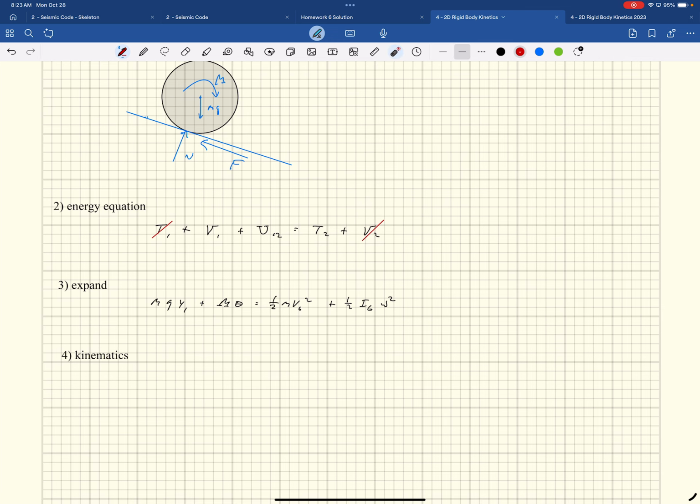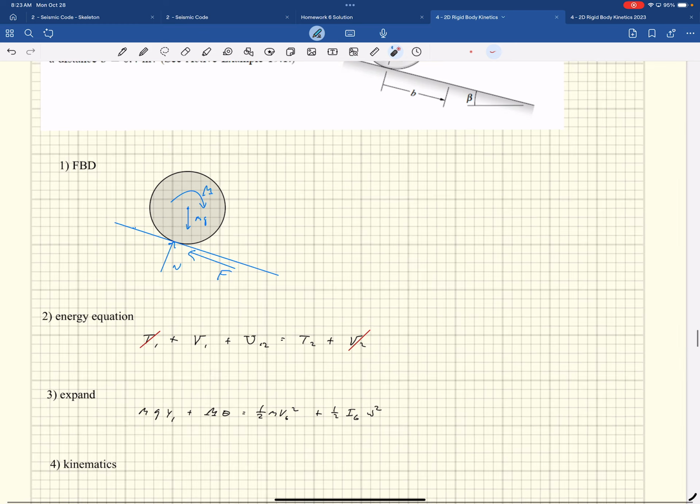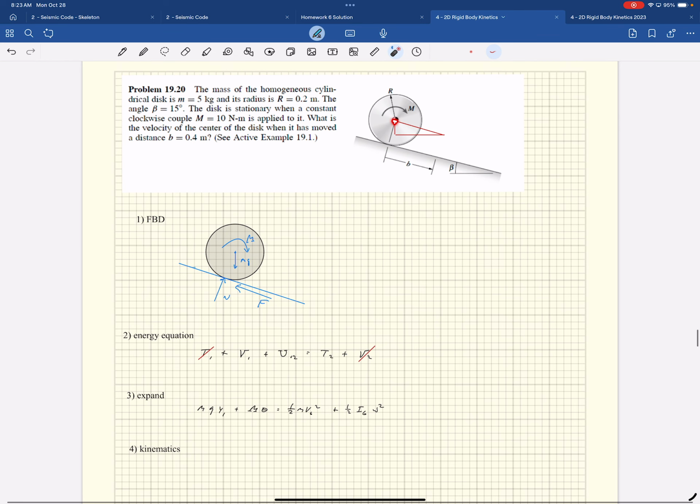The MGY, it's the change in height of the mass center. That's what matters. You've got to track something, so in this case, we track the mass center. The mass center goes from here down to here, right? That's what you have to track.